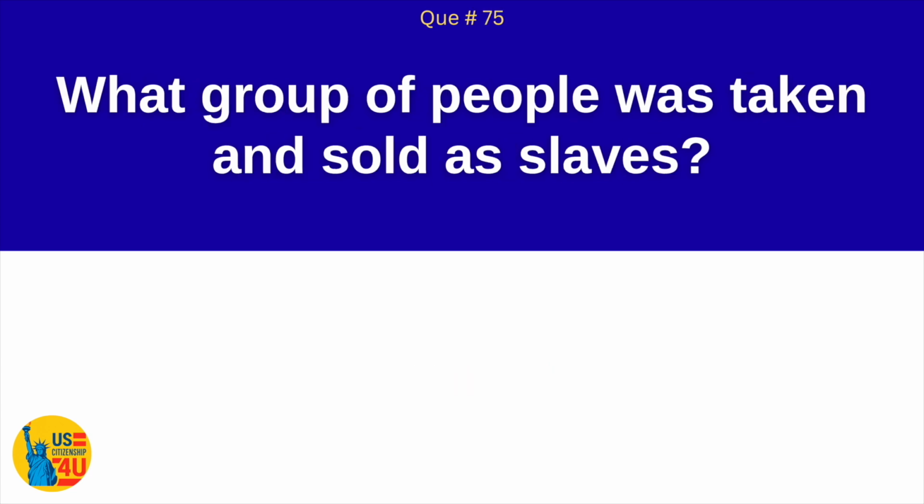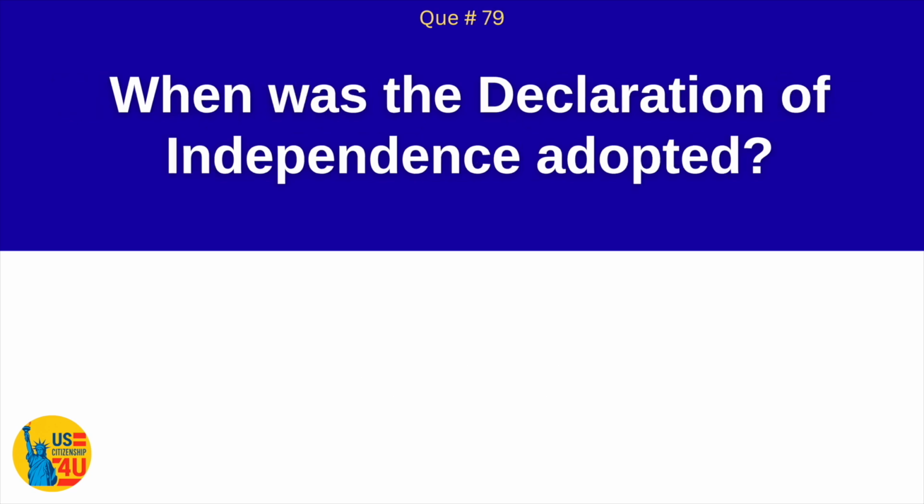What group of people was taken and sold as slaves? Africans. When was the Declaration of Independence adopted? July 4, 1776.